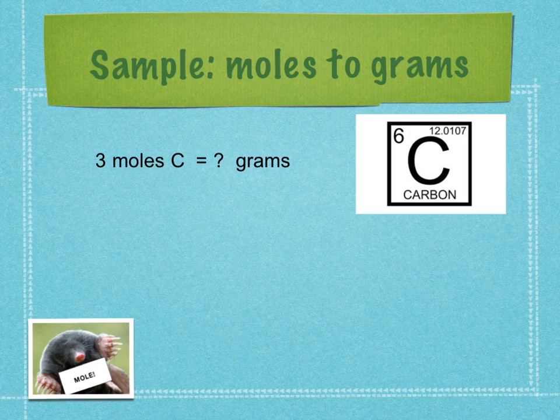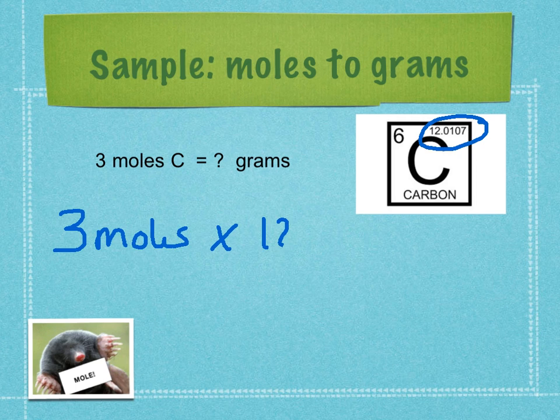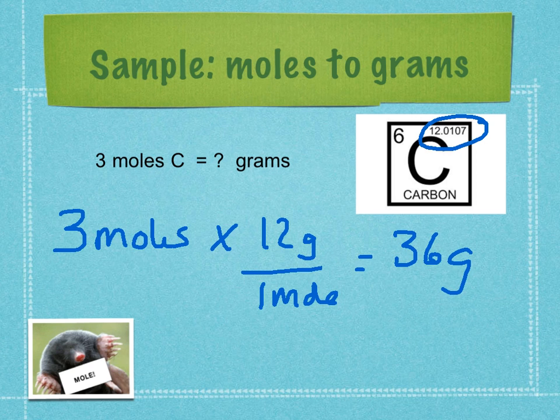Luckily for us, the periodic table tells us there are 12 grams in 1 mole. So if I have my 3 moles and I multiply it by my 12 grams in 1 mole, I end up with 36 grams of carbon in 3 moles.